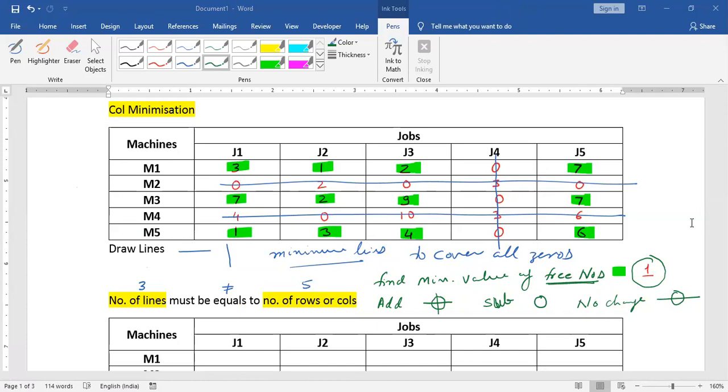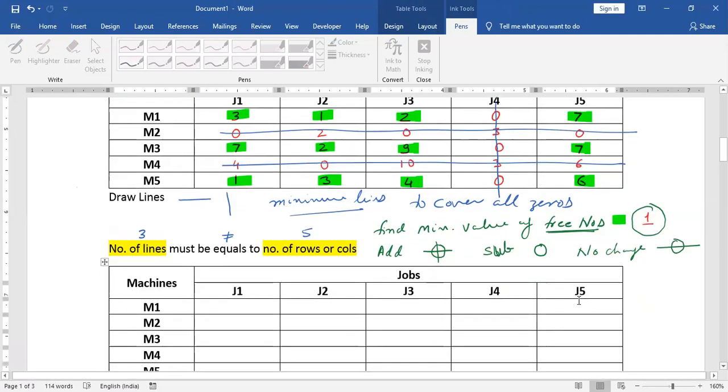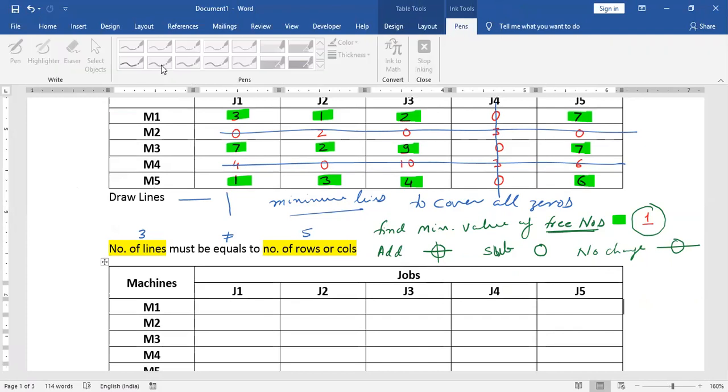Clear? Now what we have to do is add this one at these positions, right? So I'm going to write it again, just a minute. You can see on this point lines are intersecting. On this point lines are intersecting.